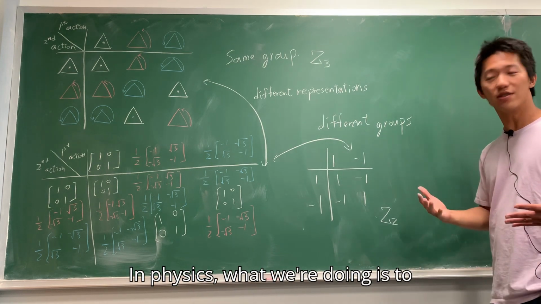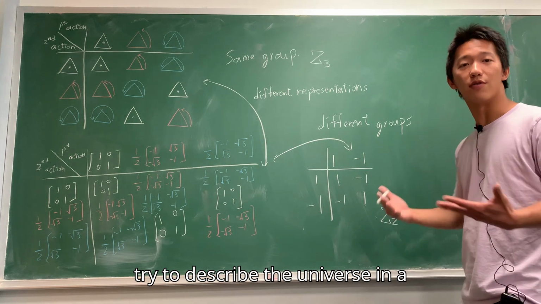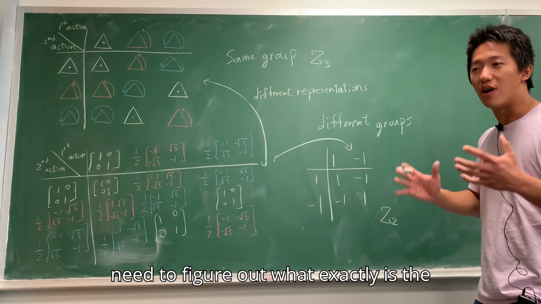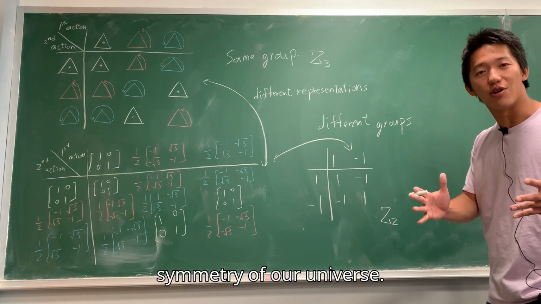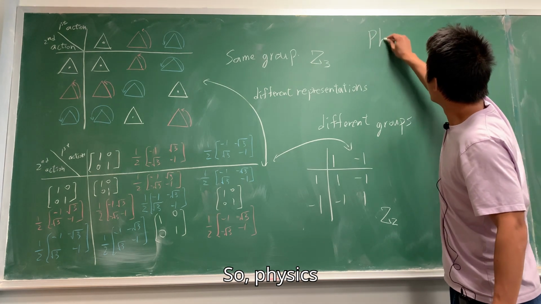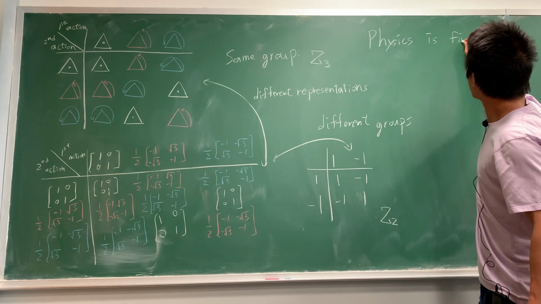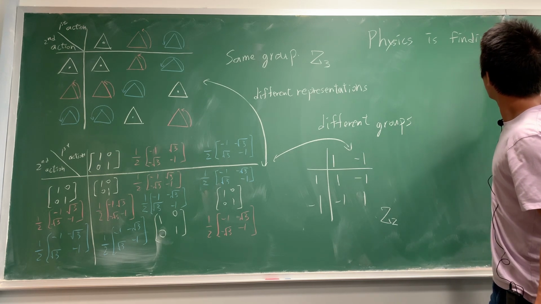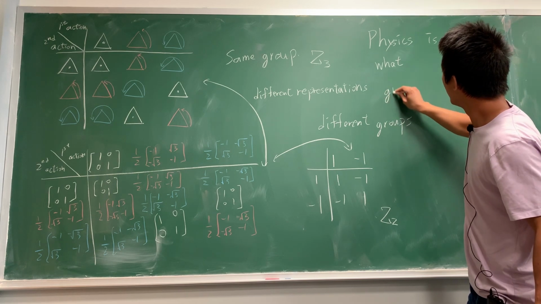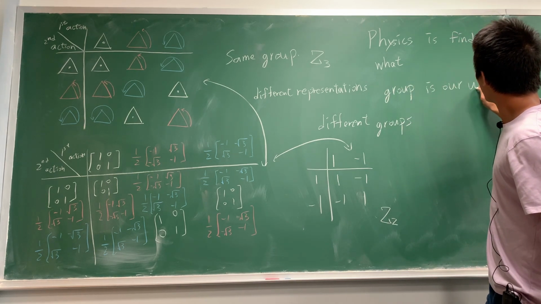So in physics, what we're doing is trying to describe the universe in a symmetric way. But to do that, we need to figure out what exactly the symmetry of our universe is. So physics is finding what group our universe is.